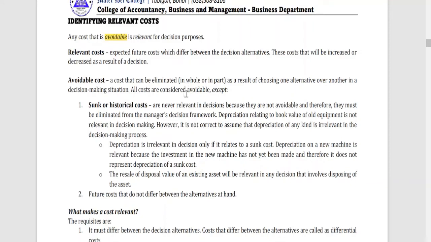For example, since gas is expensive now, I have the following alternatives. Either I will still commute, which I usually do, or I can walk.